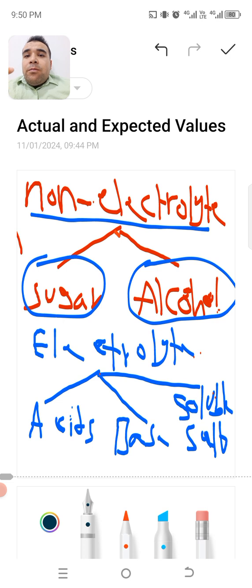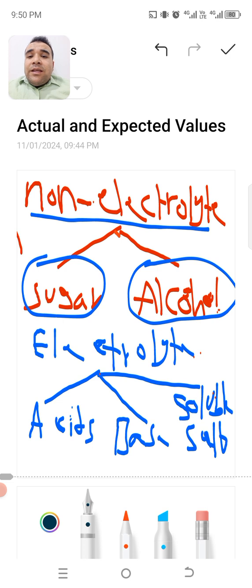We mean by calculating the boiling point elevation, freezing point depression, osmotic pressure, and vapor pressure. By using the mathematical equations, you'll be able to calculate the expected values of those colligative properties. So, the expected value can be obtained through theoretical tasks.